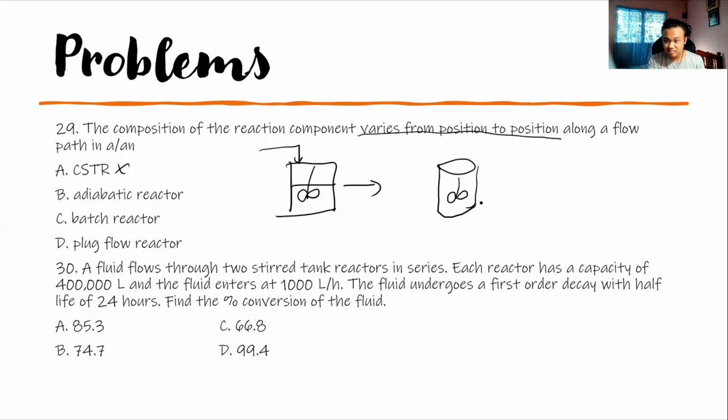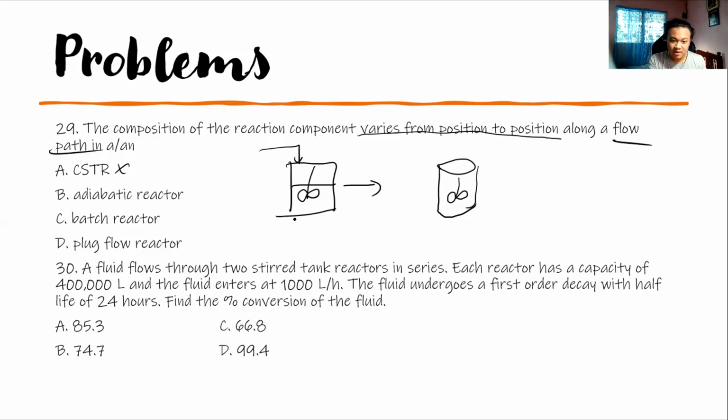Because the products that were produced cannot go out of the reaction vessel, so it changes. Not like here, where it's well mixed, so the composition is uniform throughout. So, from position to position along a flow path.